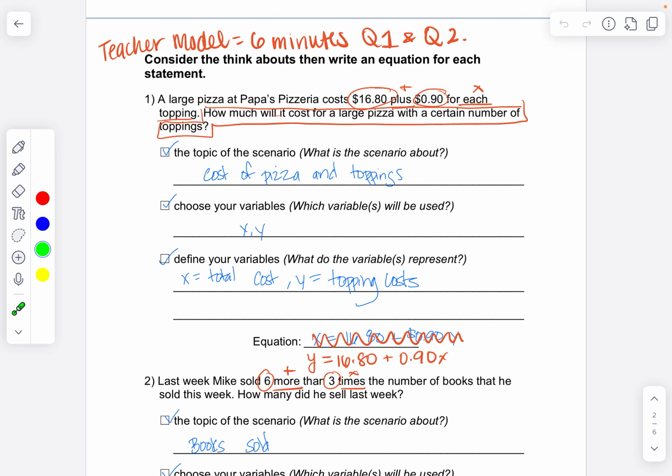So we're talking about pizza and toppings. We are actually going to use our x and y variables. X is going to give us our total cost, and y is going to give us our topping cost. Well, actually, let's switch this. Y is going to give us our total, and x is going to give us our topping cost.